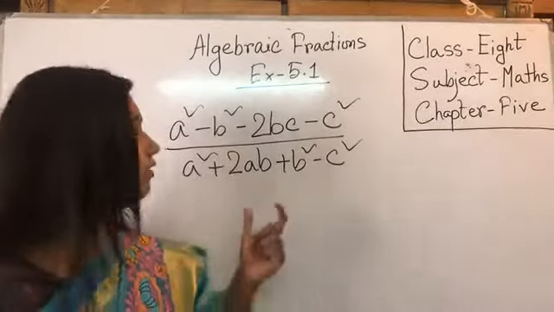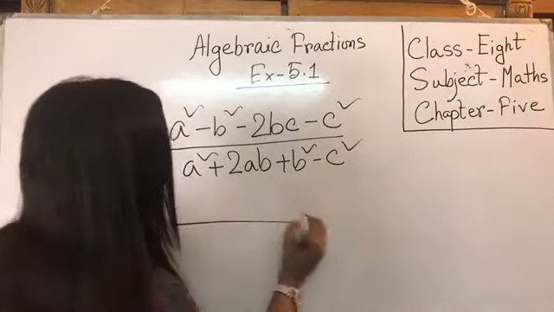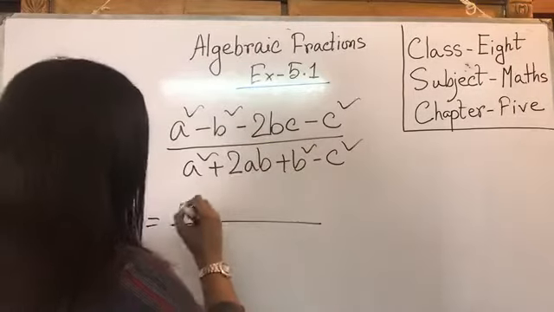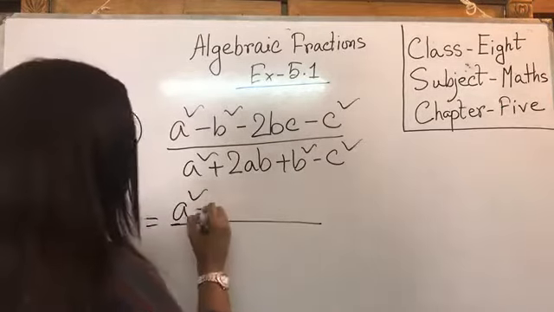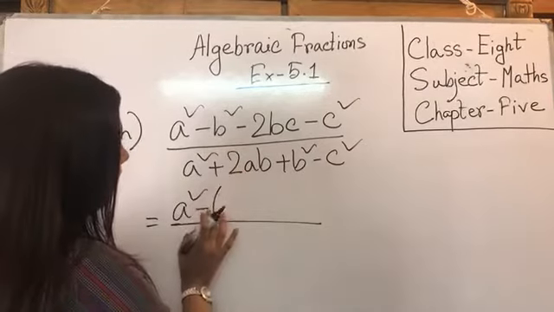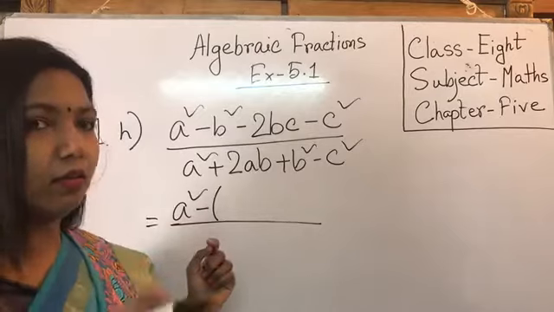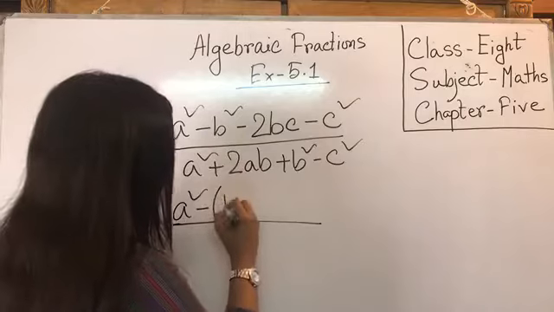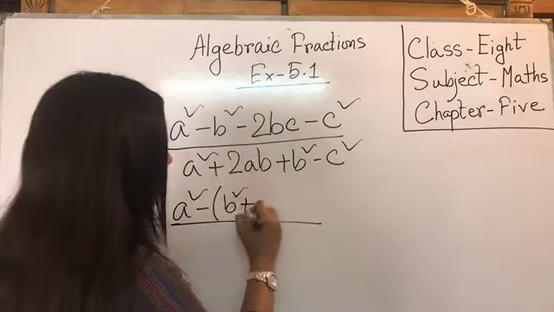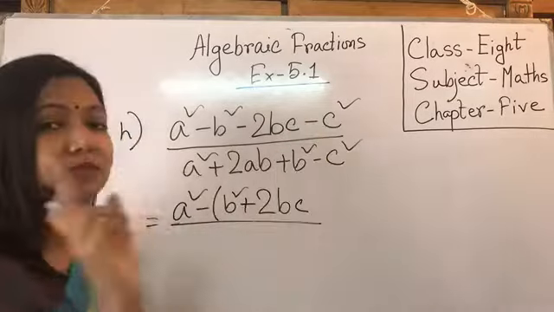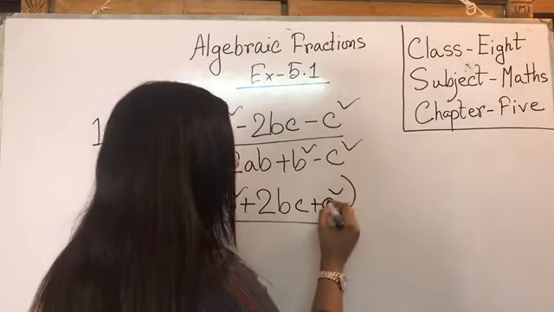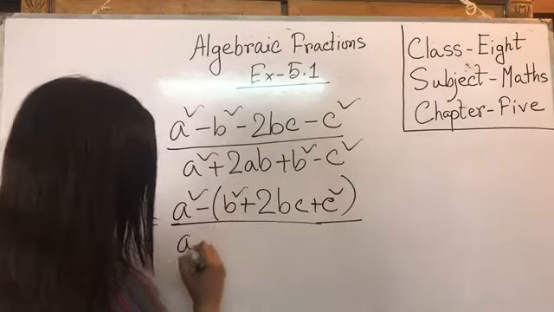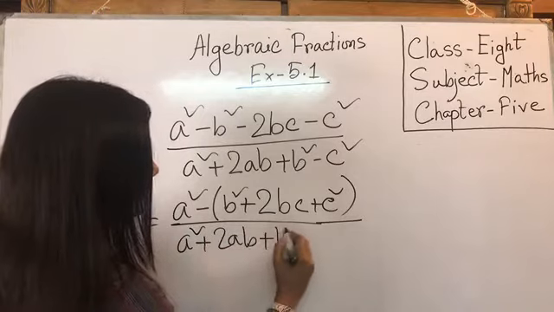So now how can I write the second line? At first, in the numerator, here is the formula. How can I write that? A square minus, I need to take a common minus sign. Why? Because when I took the minus sign common, then I can write b square plus 2bc plus c square. And in the denominator term, we can write also a square plus twice ab plus b square.